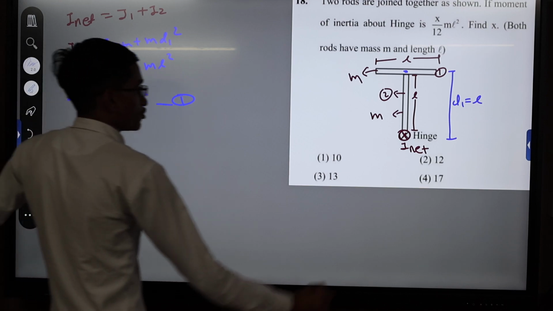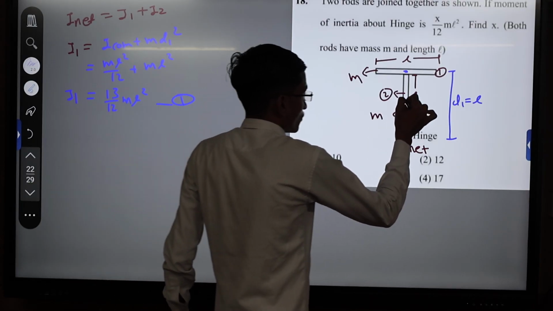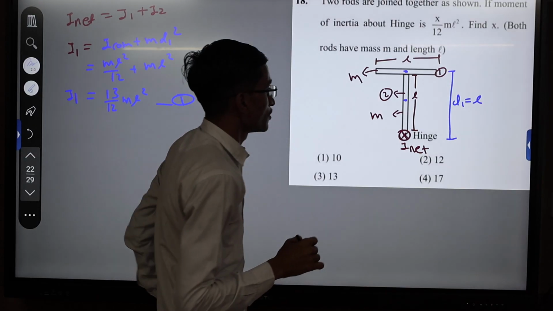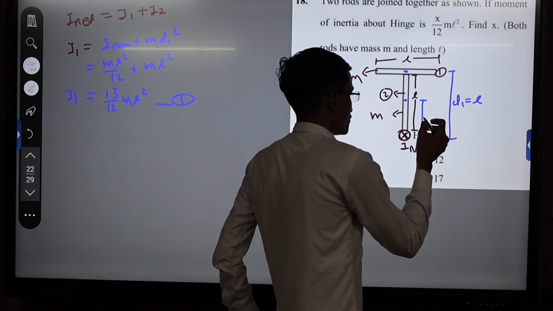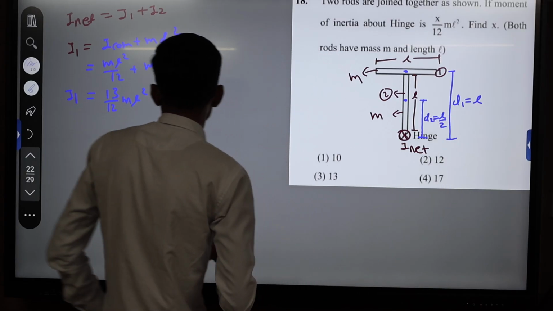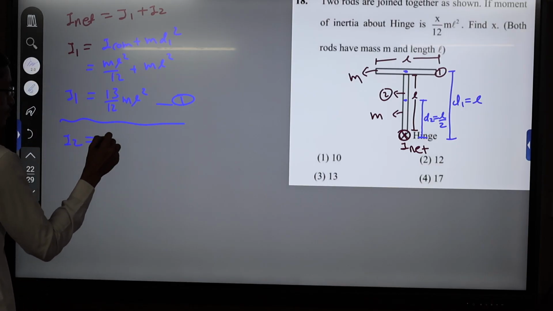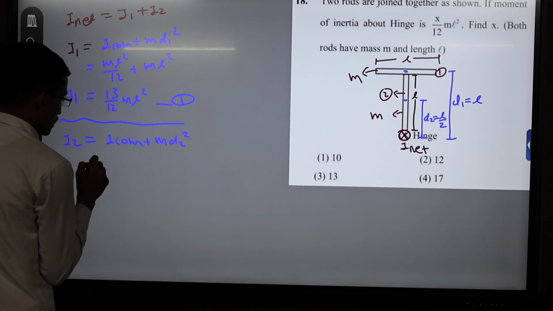Similarly, we have to find the moment of inertia of this rod about this point. If this rod rotates about this axis, the moment of inertia will be I2, but the axis is displaced by distance D2 equal to L by 2. So I2 will become ICOM plus M D2 square.